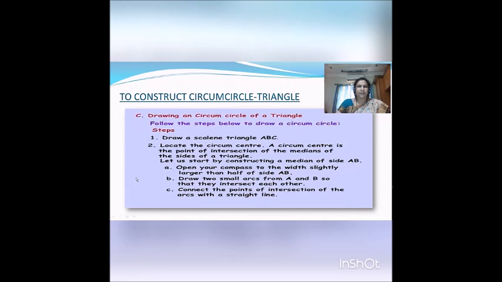See, first you have to draw a given triangle as we have seen previously. Then you have to locate the circumcenter. That circumcenter is the point of intersection of the perpendicular bisectors of the sides of the triangle.